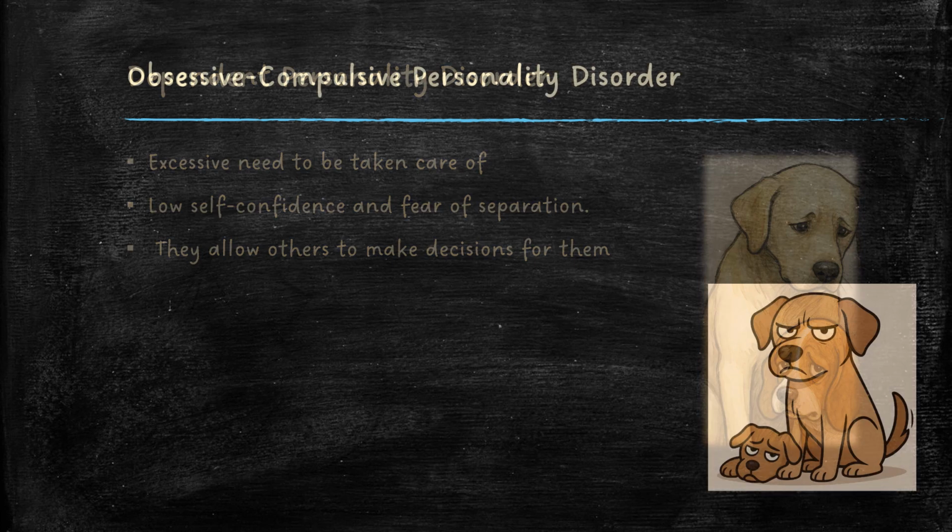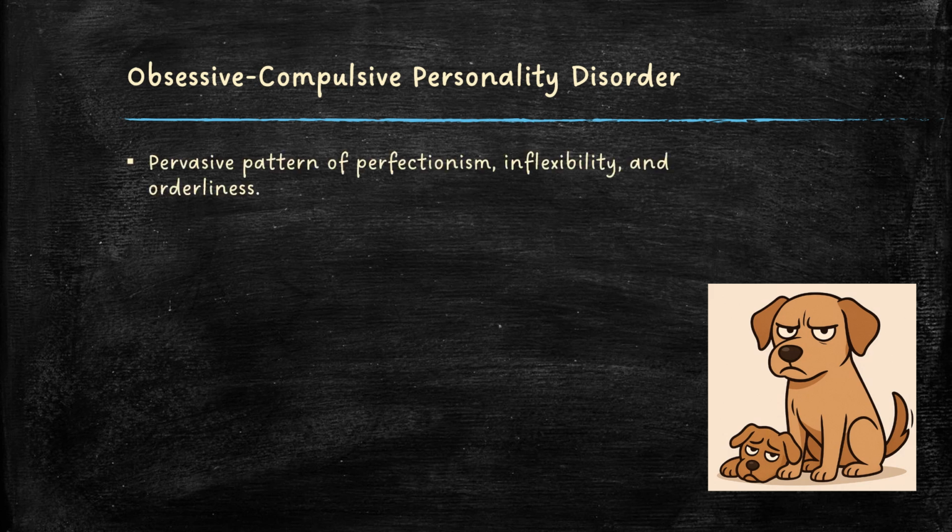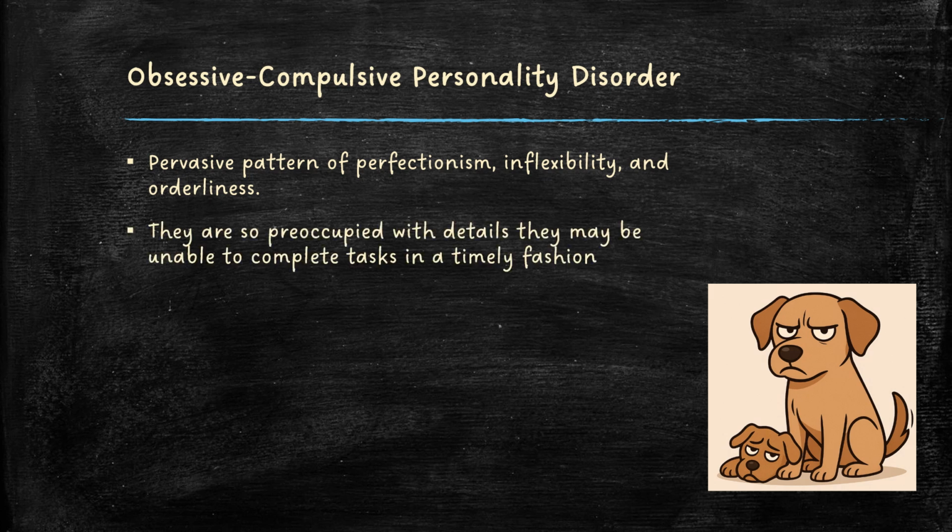Now we have obsessive compulsive personality disorder. So obsessive compulsive personality disorder has this pervasive pattern of perfectionism, inflexibility, and orderliness. They are preoccupied with the details and they may be unable to complete tasks in a timely fashion because they have this perfectionism that really slows them down.